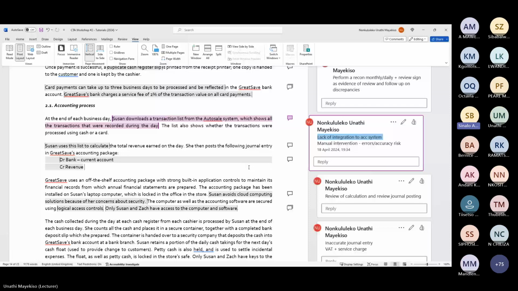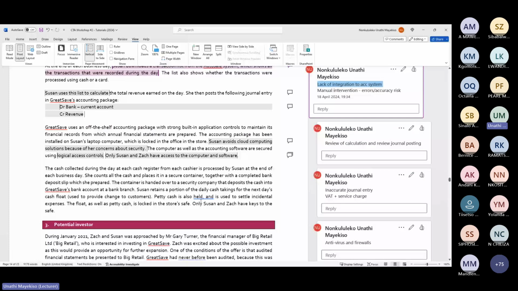Thank you. Cool. Then they say the cash collected during the day at each cash register from each cashier is processed by Susan at the end of each business day. She counts all the cash and places it in a secure container together with a completed bank deposit slip, which she prepared. The container is handed over to a security company that deposits the cash into GreatSafe's bank account at a bank branch.